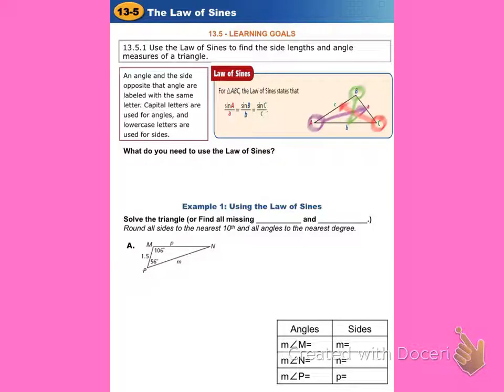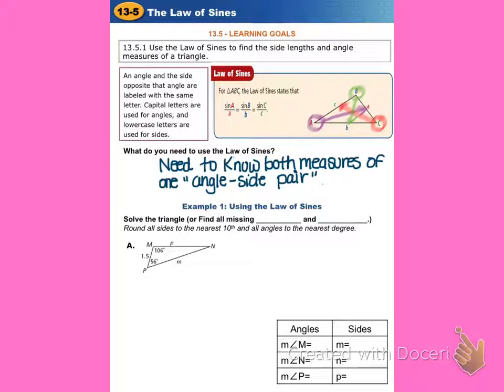But I like to keep it simple. Here's what you need to know to be able to use the law of sines. You need to know both measures of one angle-side pair. So if you know, for instance, the measure of angle B and side b, which would be across from it, then you'll know both values in one of the ratios.